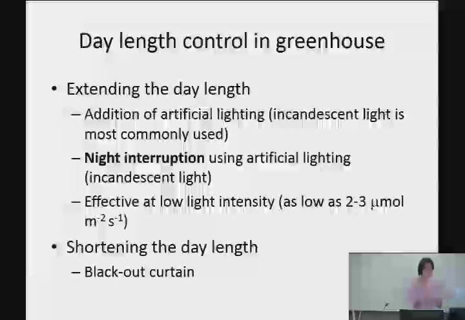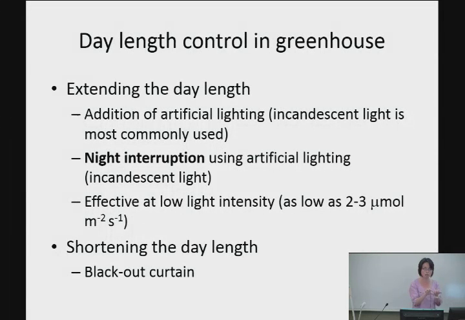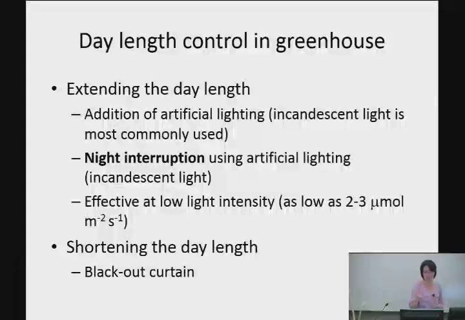The sunrise and sunset are natural, so you go through the dark period, but basically you are breaking the long dark period into two short dark periods. That's a night interruption. So why is it associated with long day, extending day lengths?